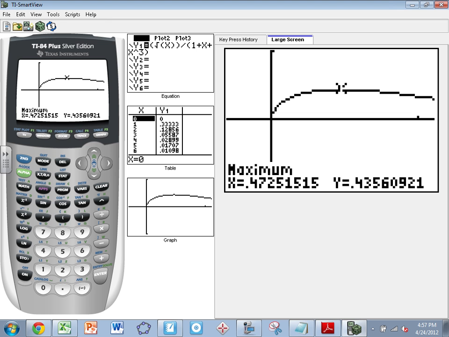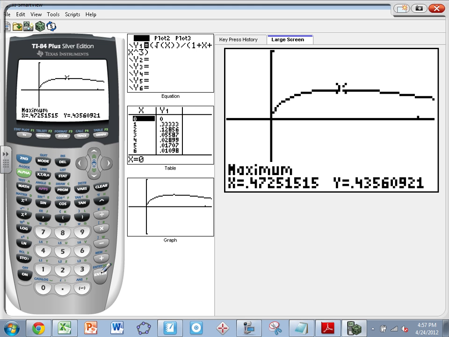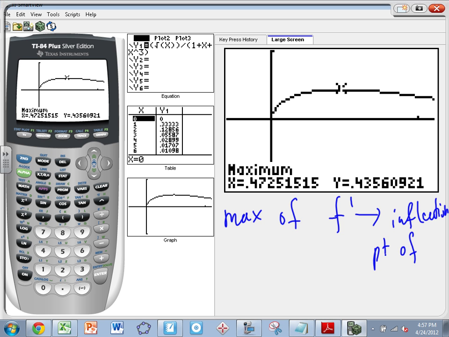So here's what you should write down. A maximum of f prime indicates an inflection point of f, of the original. Again, we wanted to know the x-coordinate that has an inflection point of the original.